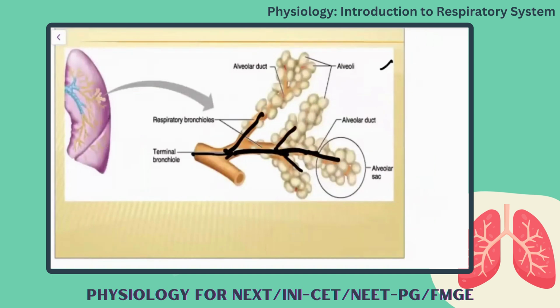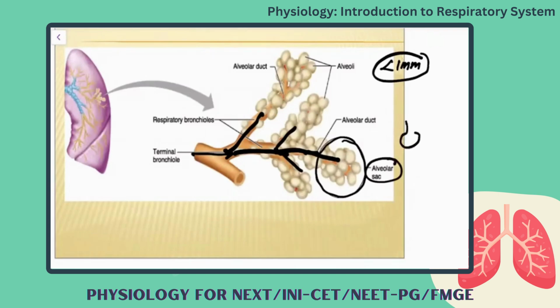How long will they divide? Until the diameter of the bronchiole becomes less than 1 millimeter. All over, the respiratory bronchioles are surrounded by sac-like structures that you call alveolar sacs. This is a single alveolus, covered with blood vessels where the oxygen and carbon dioxide exchange takes place.